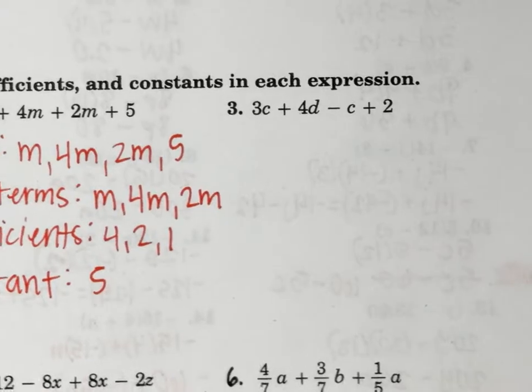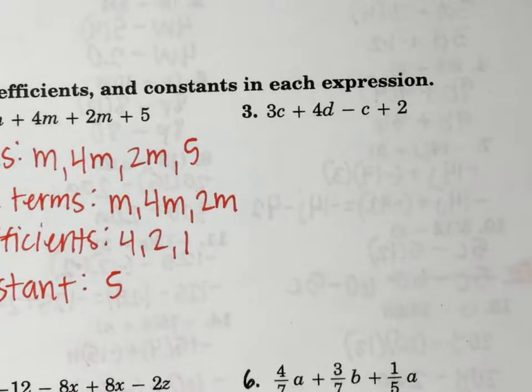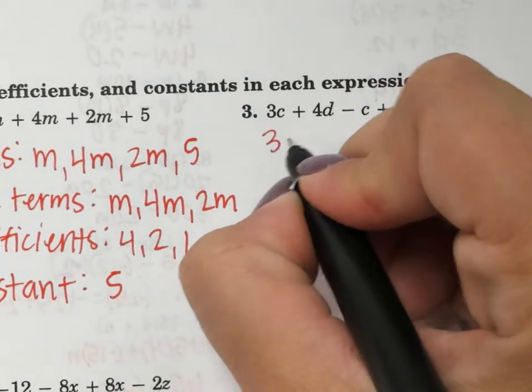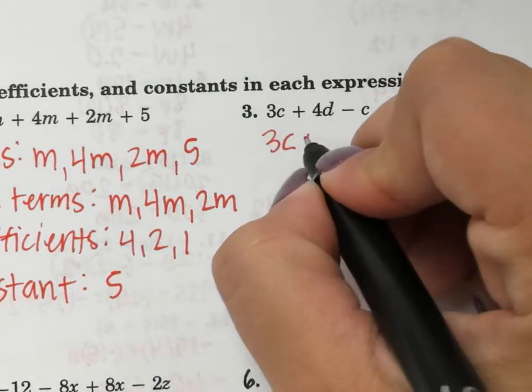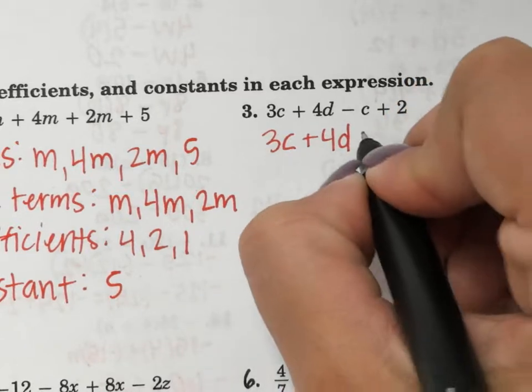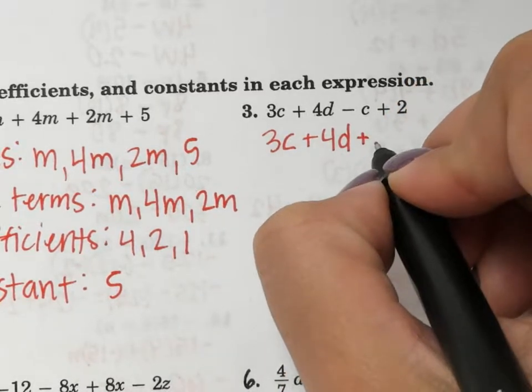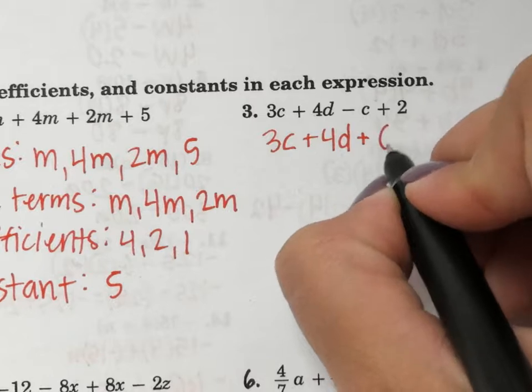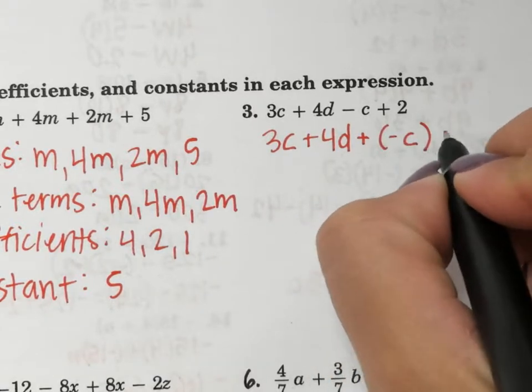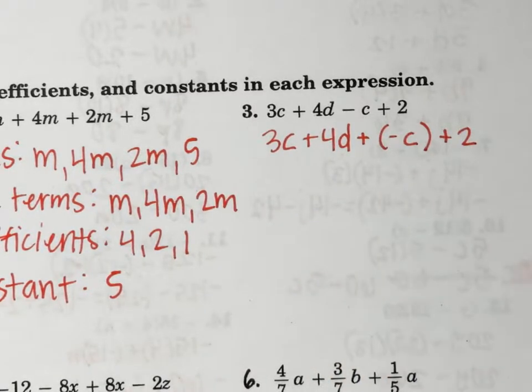All right, number 3. I've got 3C plus 4D minus C plus 2. What is going to be my very first step here? Sam. Switch it to an addition problem. Good. We want to change this to an addition problem. So if I do that, I get 3C plus 4D plus negative C plus 2.